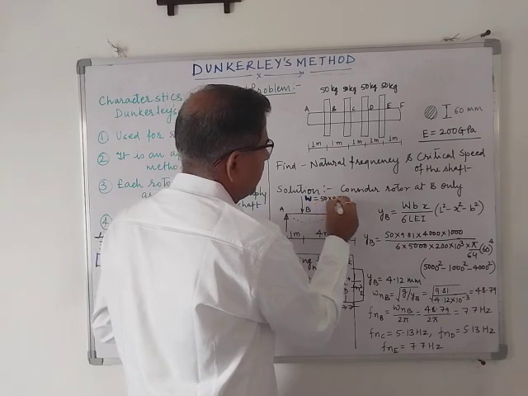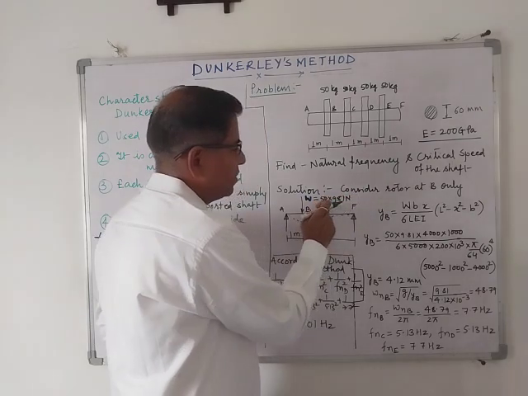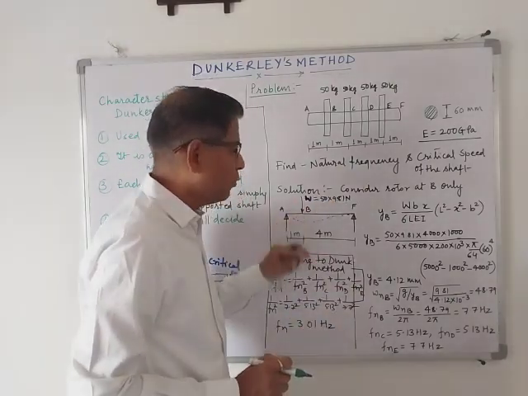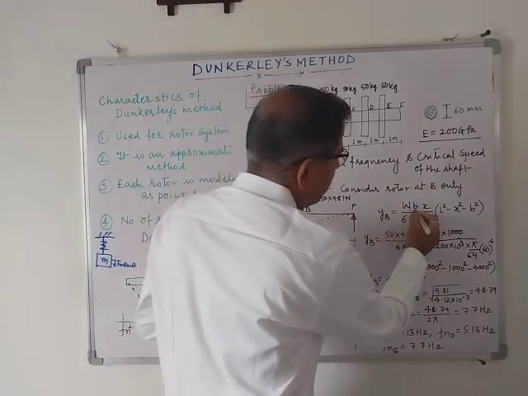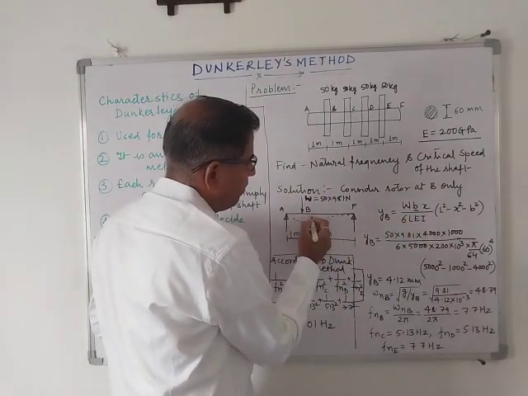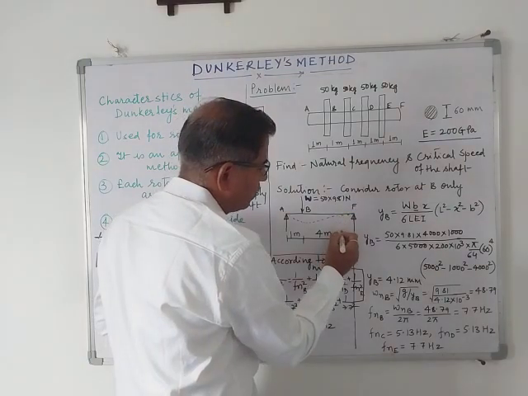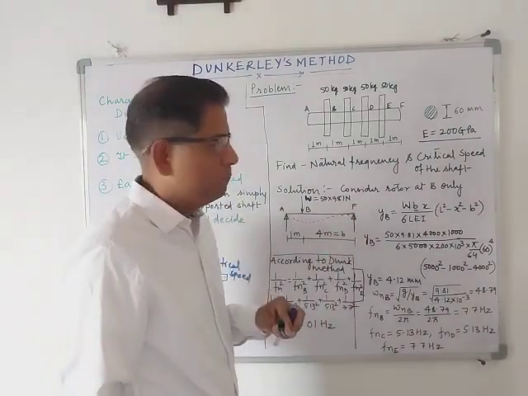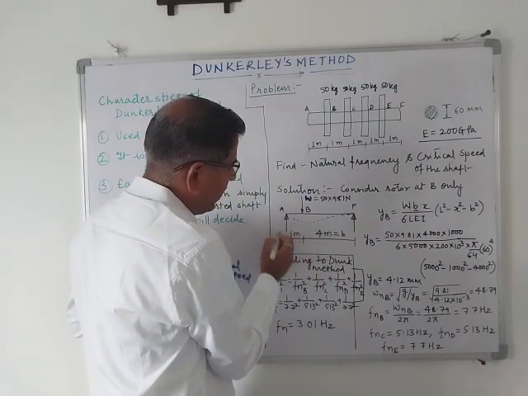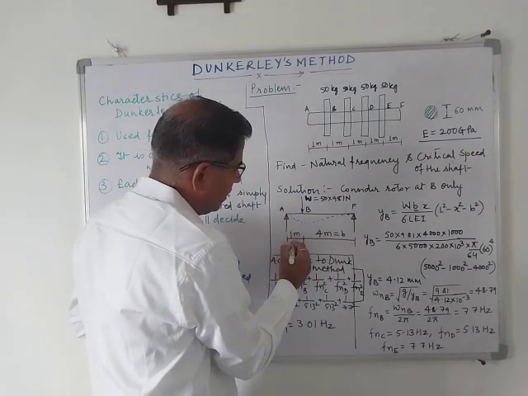So W is 50 into 9.81 Newton. This is the point load acting at point B. Then B is the distance of point B from the F end, so 4 meter is B. X is the distance of B from the end A, so 1 meter is X.